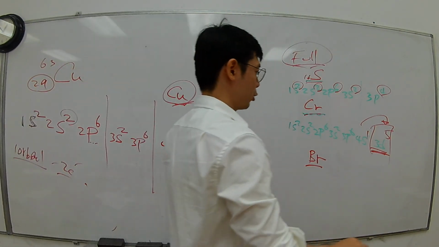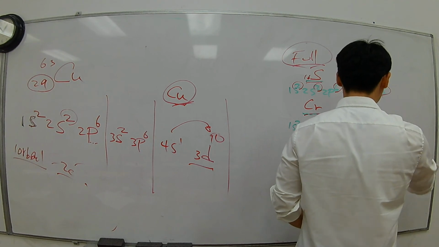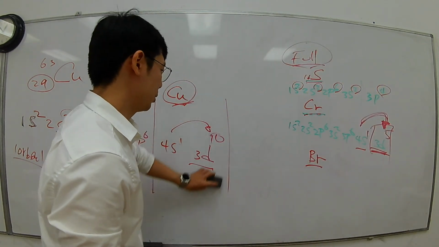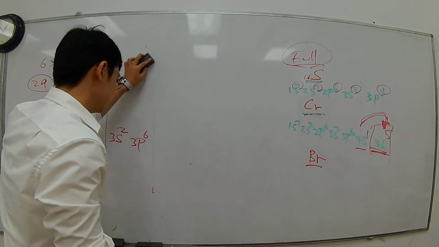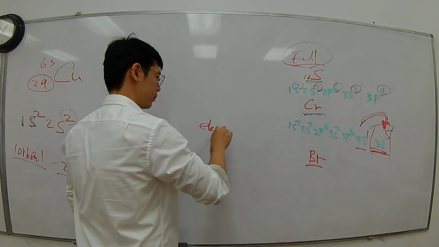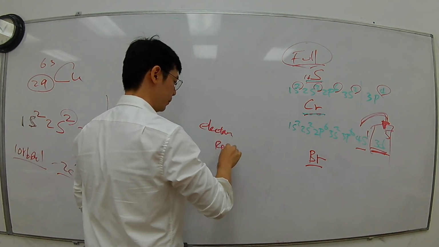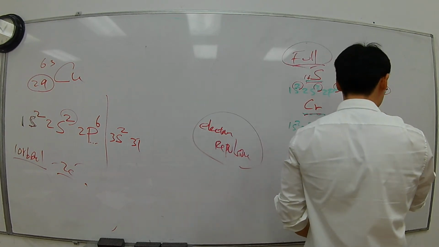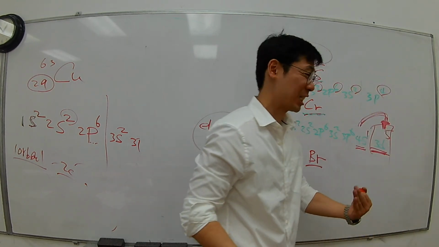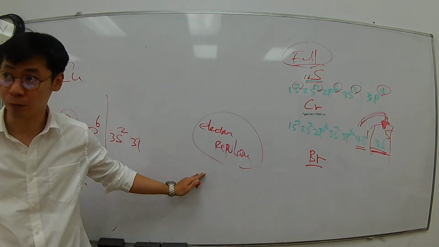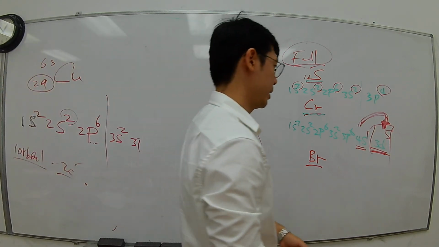By moving an electron from 4s to 3d, the electron experiences less electron repulsion. That's the reason why it's better to push out the electron.